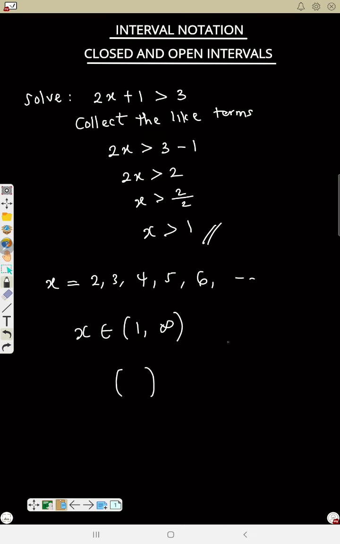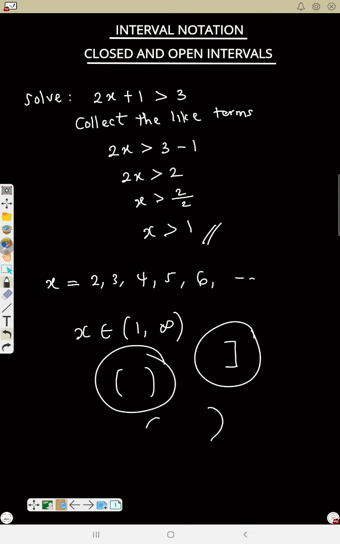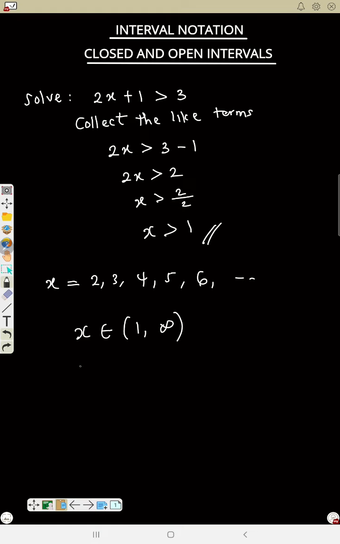Now if you use this bracket it shows it's open, and if you use this bracket it means it's closed. This one is open, this one is closed. But if you are using it in an open interval, you will represent it this way, or x is a member of (1, infinity), you can also represent it this way.